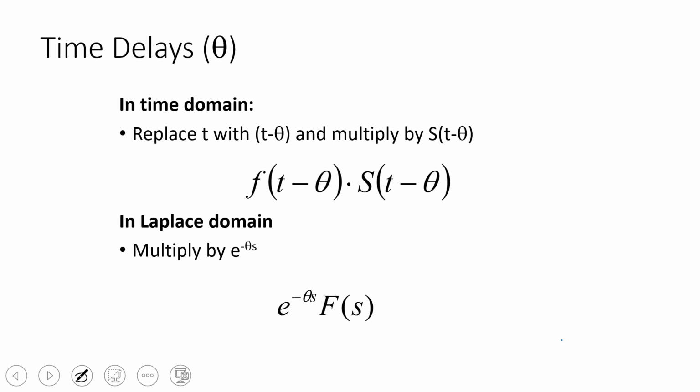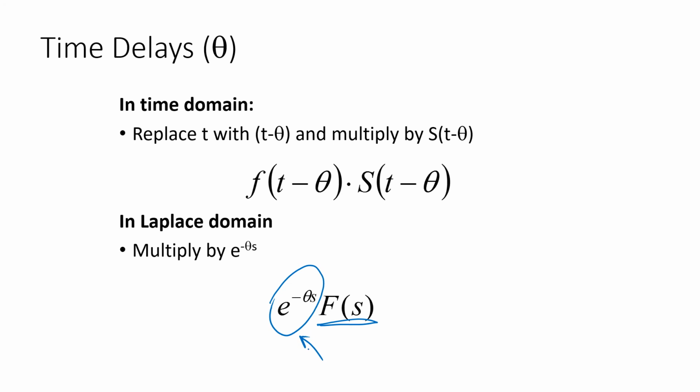Okay, let's talk about time delays, because I showed one earlier, but I didn't really explain how to transfer it back into the time domain with time delay. When you have a time delay in the Laplace domain, it's just e to the minus theta times s. You can take any signal and just put on a time delay.